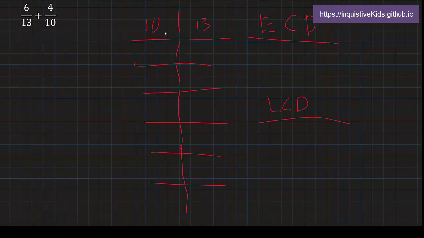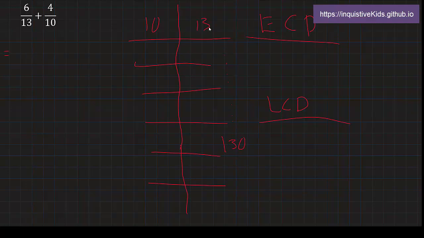So all we have to really do is look at the multiples of 13 and try to see which multiple is the first to end with a 0. And that would be our least common multiple. So if you go ahead and do that, you could see that it goes all the way to 130.